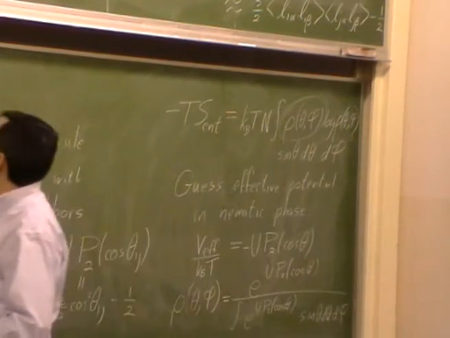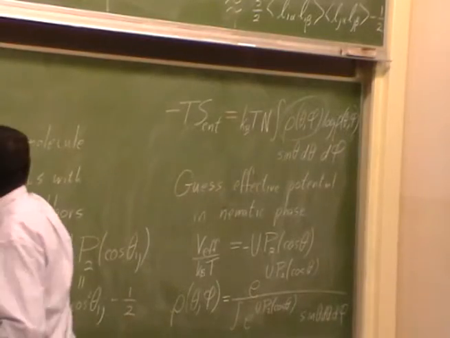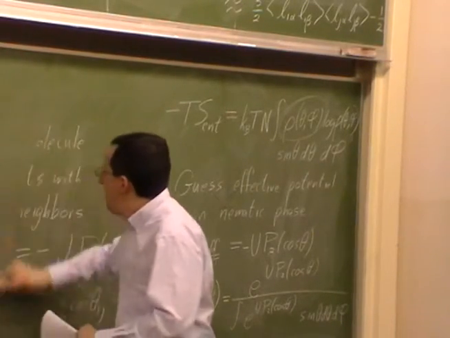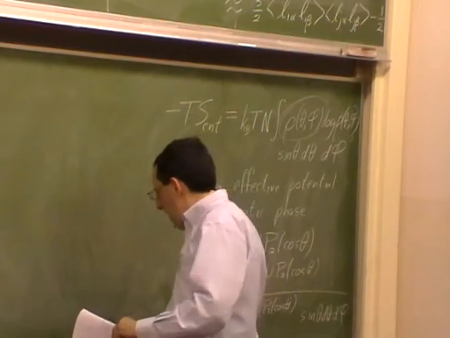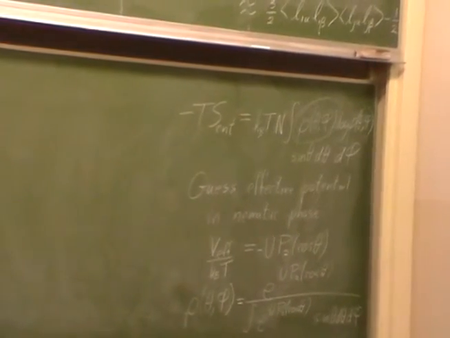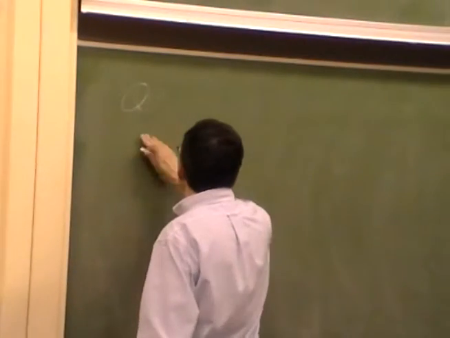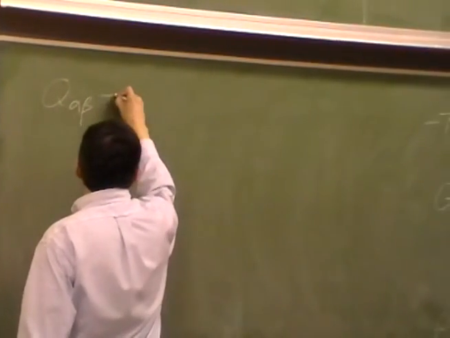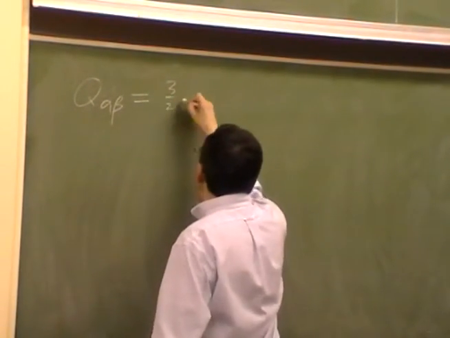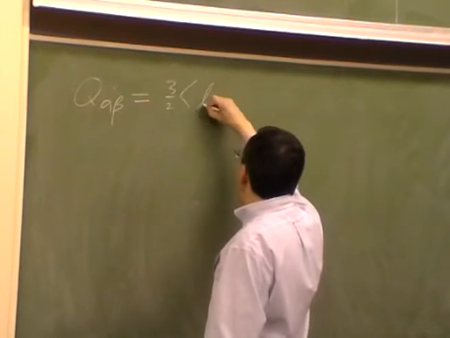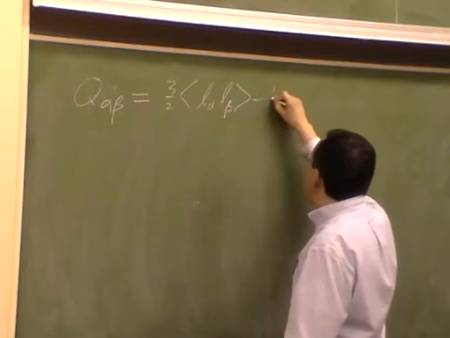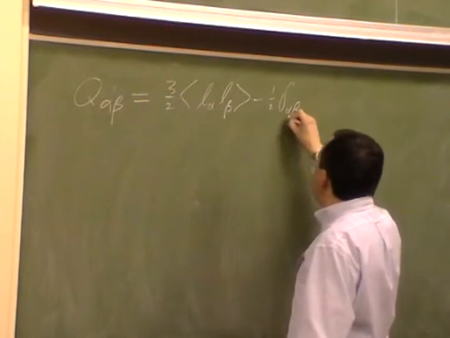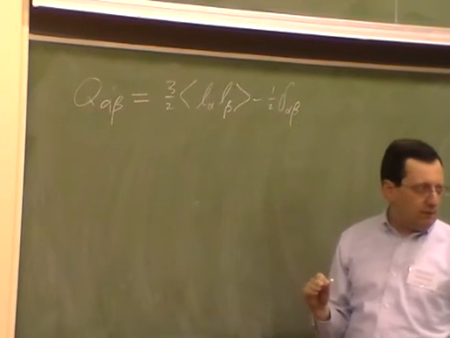1/2. Okay, almost there. So now we say, let's relate that to the nematic order tensor that I told you about yesterday. So the nematic order tensor is pretty much that same thing, right? Q alpha beta is 3/2 L alpha L beta minus 1/2 delta alpha beta, right?